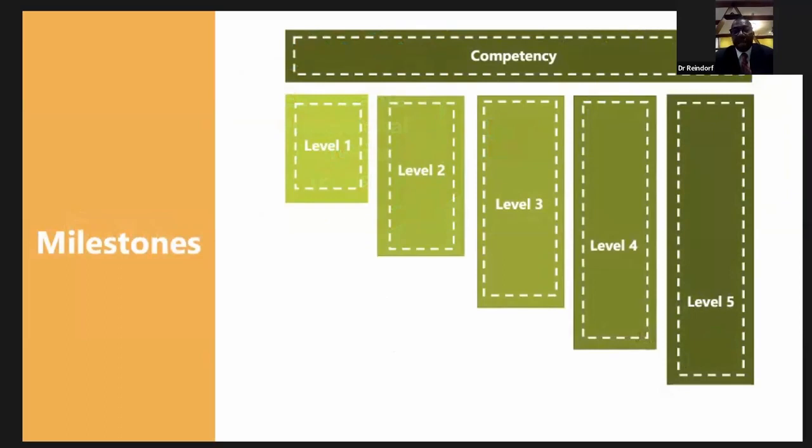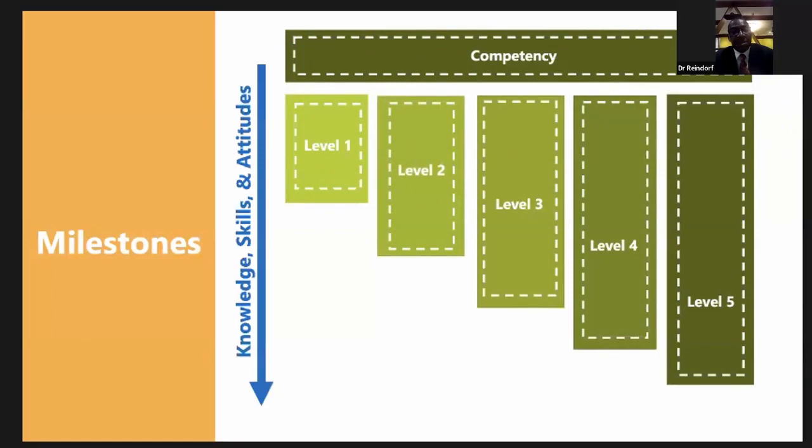You may start low and end up at level 5. So level 1 may be, let's say, a novice, and you move to level 2, advanced beginner, and then level 3 is competence. And you see the arrow there, as it moves right, the entrustability is increasing.